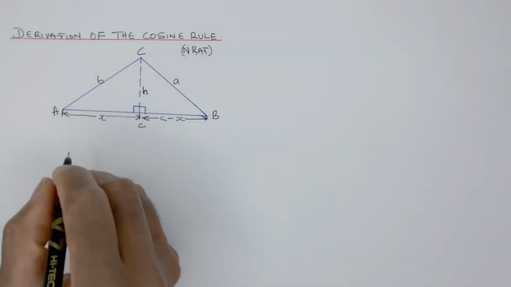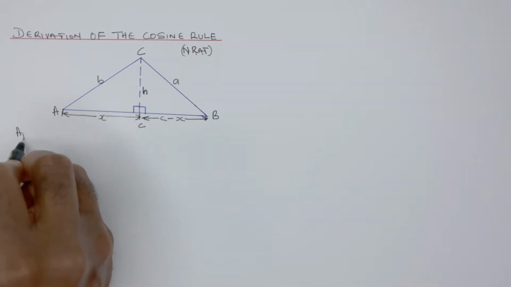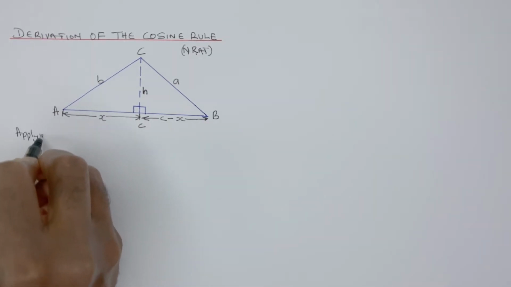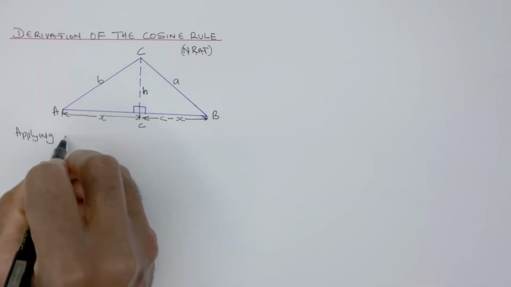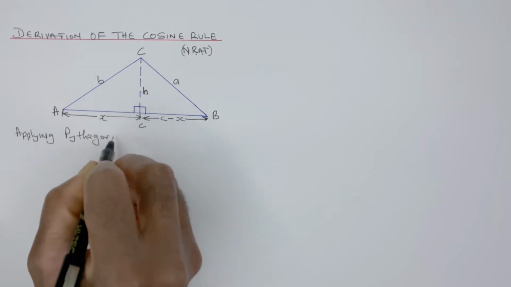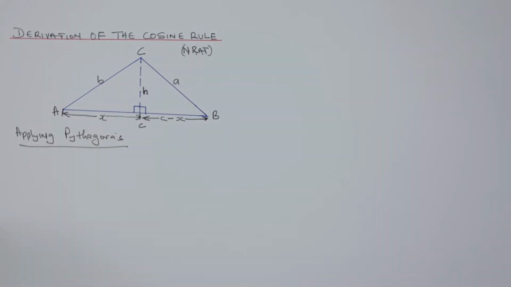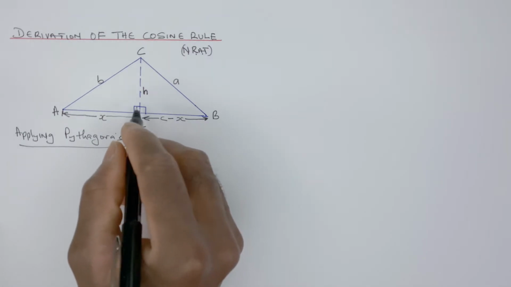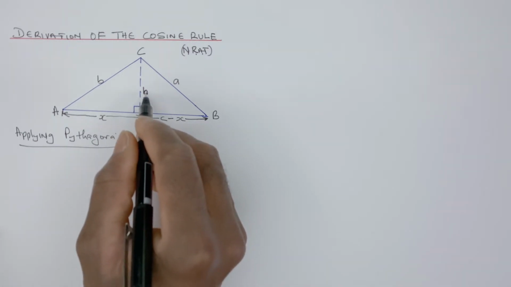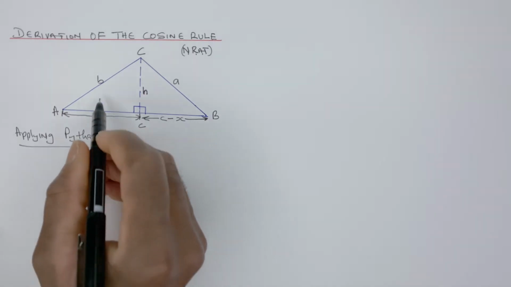So what we do is apply Pythagoras. Pythagoras says that h squared plus x squared will be equal to b squared.